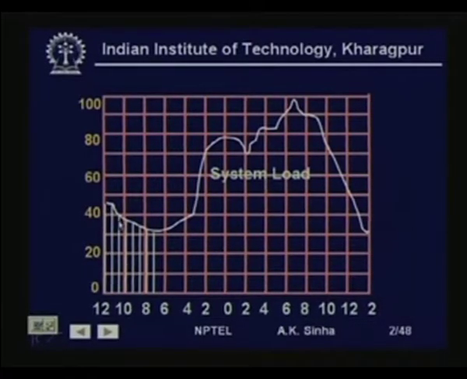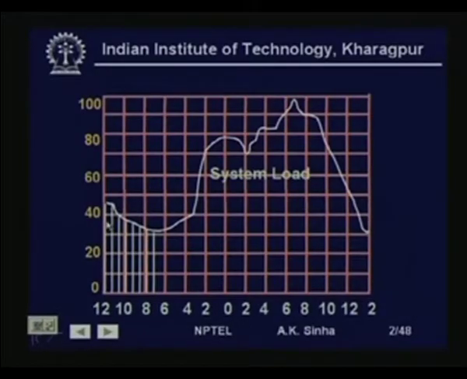In fact, what normally we do is we take small time slices in which we consider the load to be constant, and we can keep the time slices every minute or a couple of minutes, in which period we expect there is very little variation in load, and therefore, we consider it to be constant for that period.